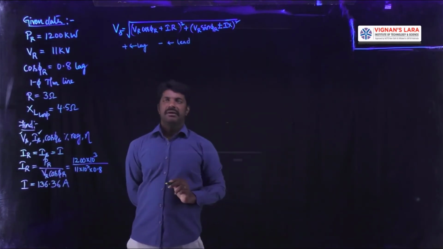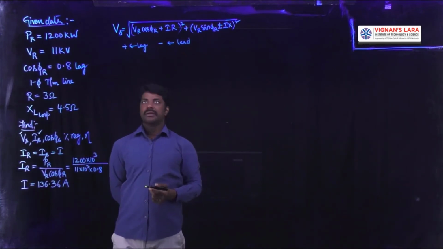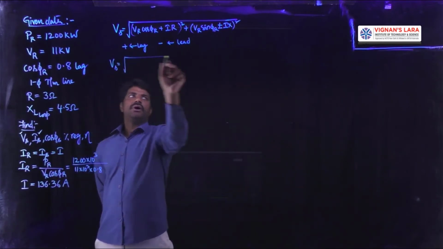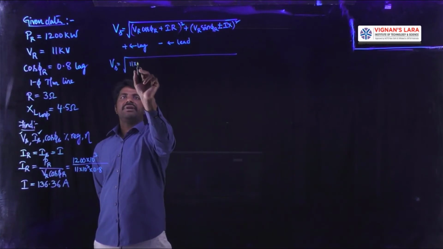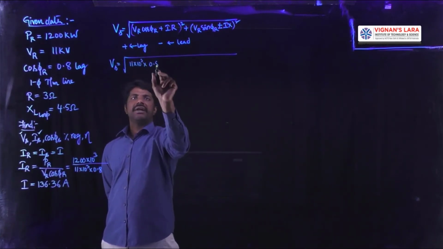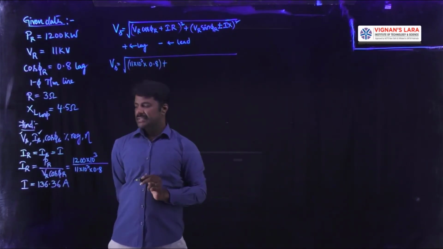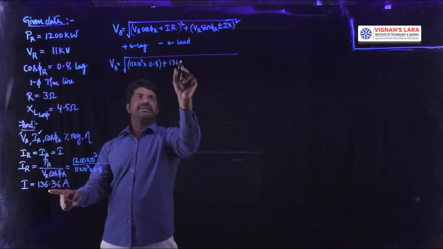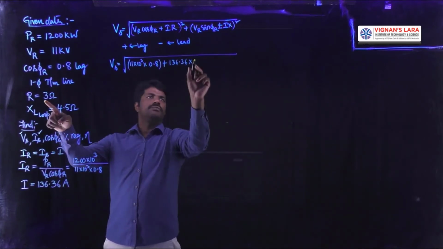Next, let us substitute all the values to get the value of Vs. Vs is equal to the square root of Vr, which is 11 kV, 11 into 10 power 3, multiplied by cos phi r, the power factor of 0.8 given, plus current I, which is 136.36, into the resistance of the entire circuit, 3 ohms.